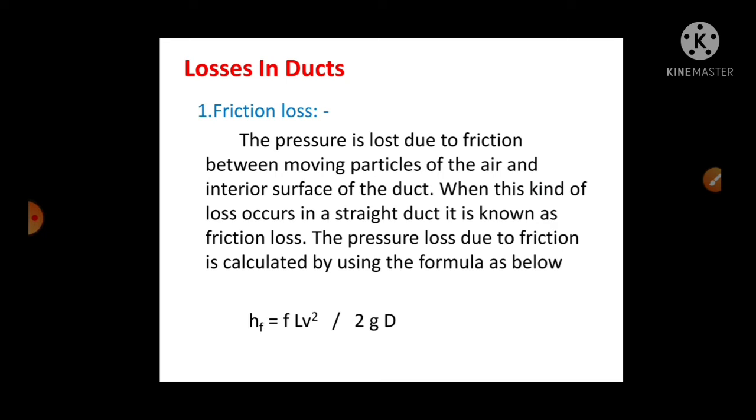The pressure loss due to friction is calculated by using the Darcy-Weisbach formula. This is the Darcy formula: HF = FLV² / 2GD, where HF is the pressure loss due to friction, L is the length of duct, V is the velocity of air in the duct, D is the inside diameter of the duct, G is acceleration due to gravity, and F is the coefficient of friction.